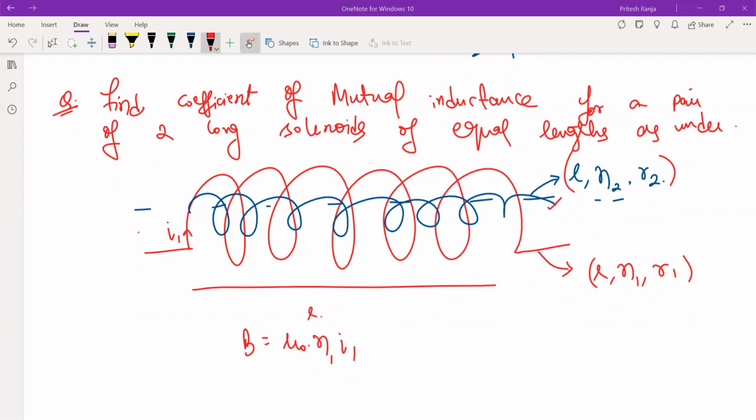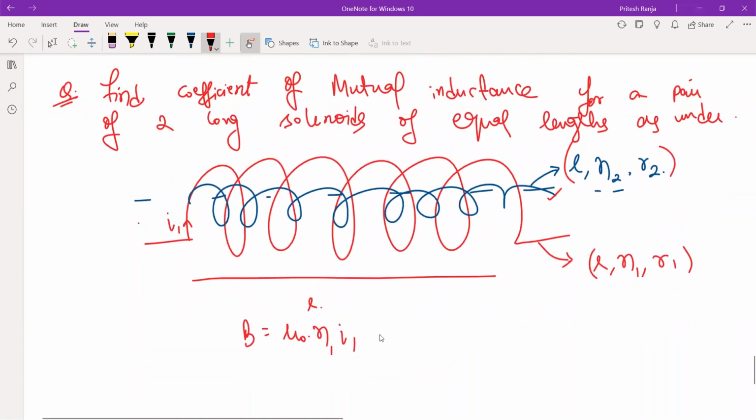Now what will be the flux through each coil of solenoid 2? The flux 2 will be B into A, so mu naught N1 I1 into A, that is pi R2 square. This is the flux through one coil.